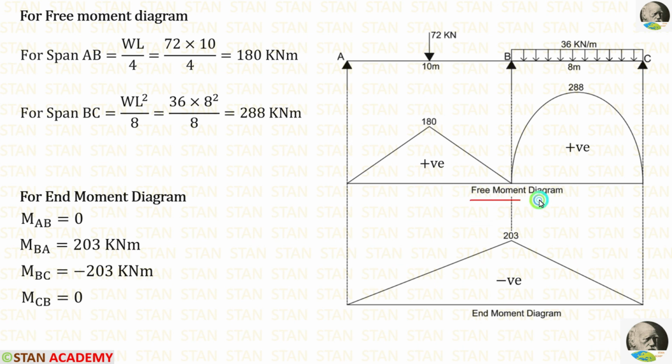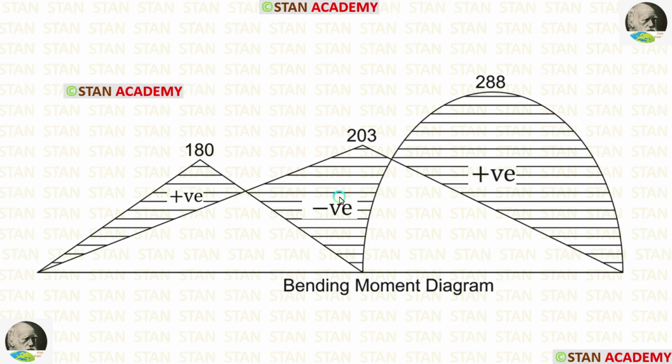We have made the free moment diagram and end moment diagram. Now let us combine both of them and draw the bending moment diagram. After combining, wherever they are acting alone without mingling, we have to mark them. Here we are having the free moment diagram alone, so we are marking as positive. Here end moment diagram, so negative. Here free moment diagram, so positive.